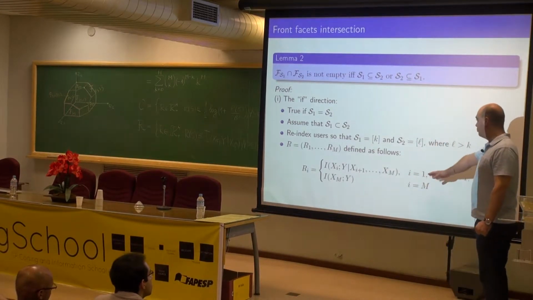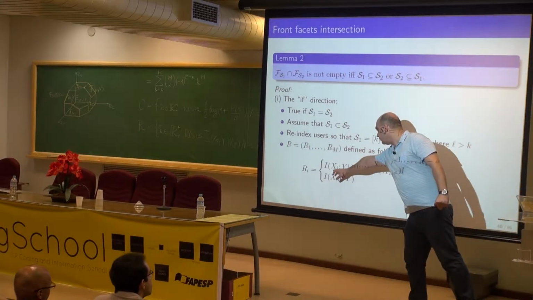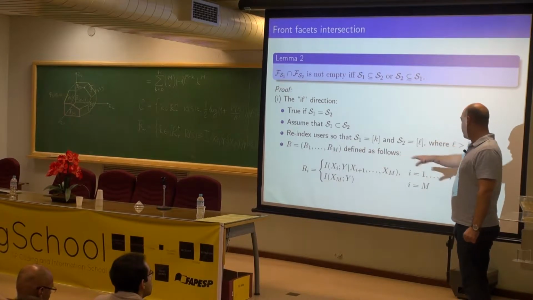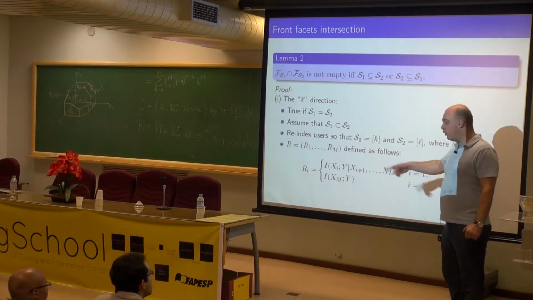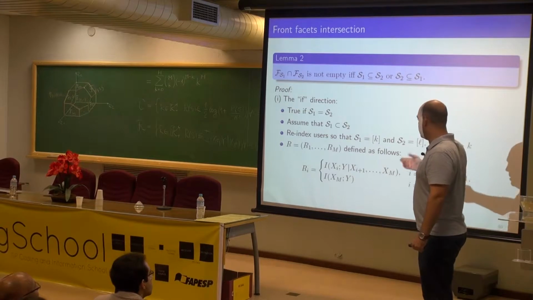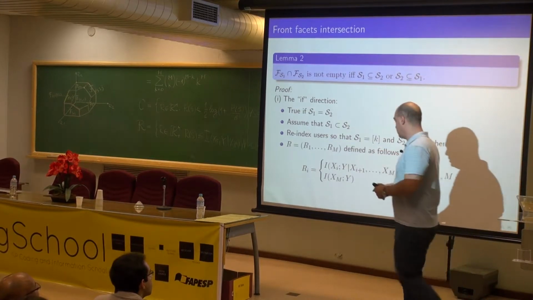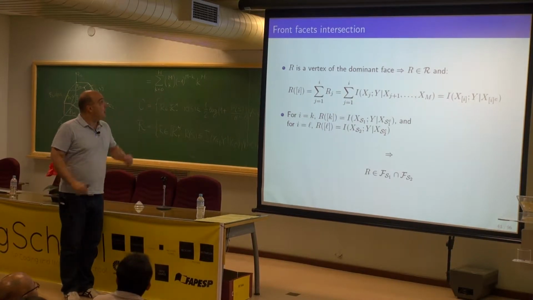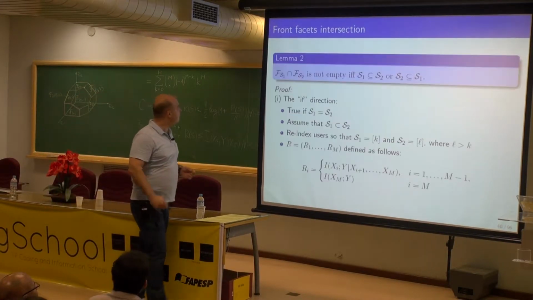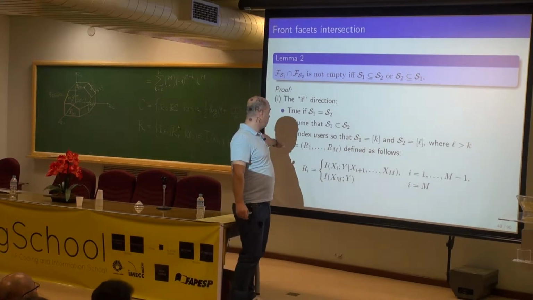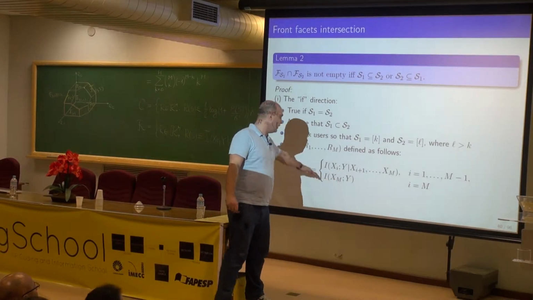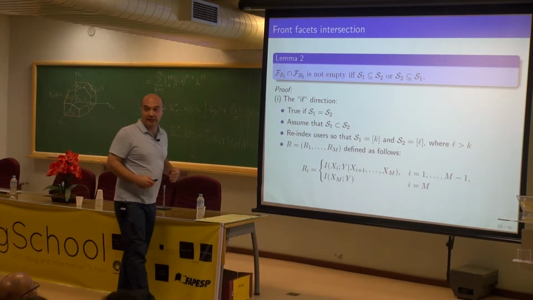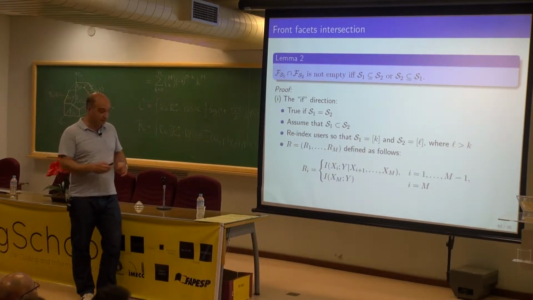We use again the chain rule. Like we said, we start with x1 y given everything up to m, and then we go x2, etc. So we have all the rates indexed like this, and that means that R is a vertex on the dominant phase because it has all this by the chain rule. If we just add up, we'll get this maximum rate.